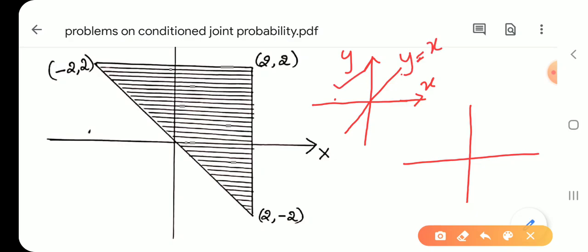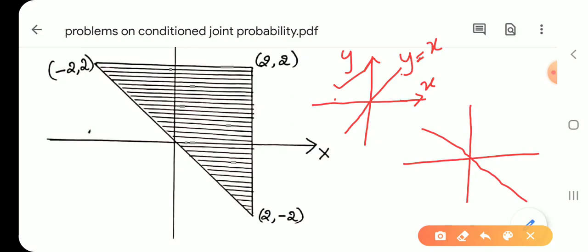Now let us learn one more line, which you have also learned. This is a straight line which passes through the origin and lies in the second and fourth quadrant. Here, when x is positive, y becomes negative.